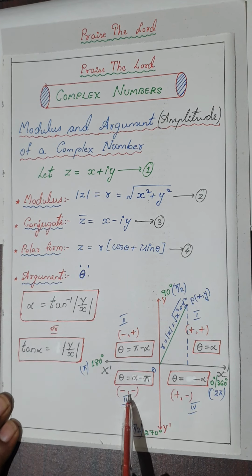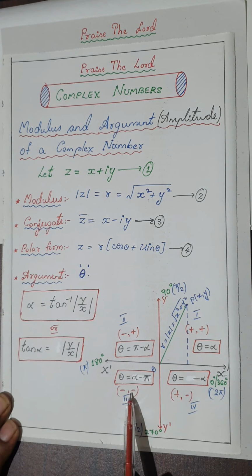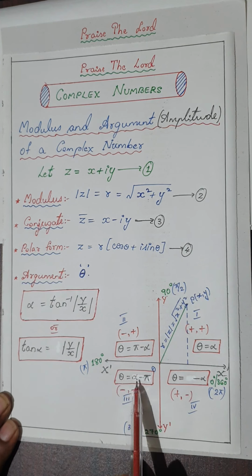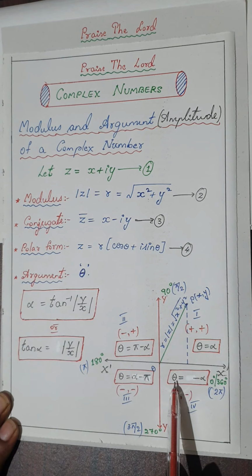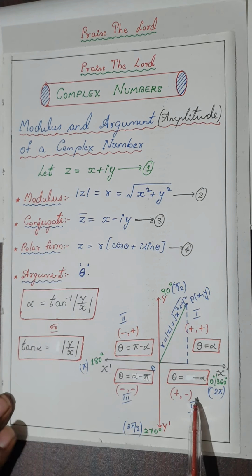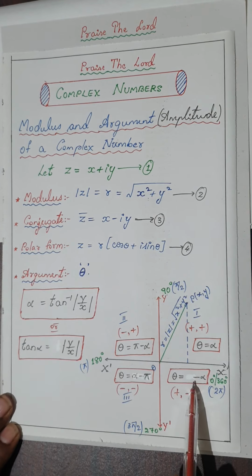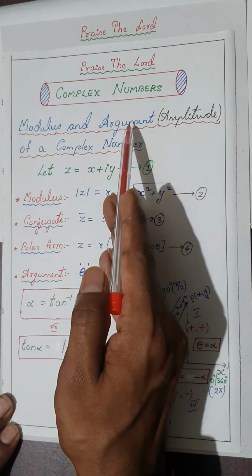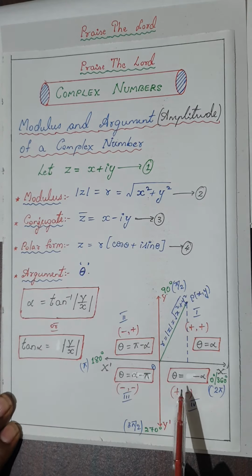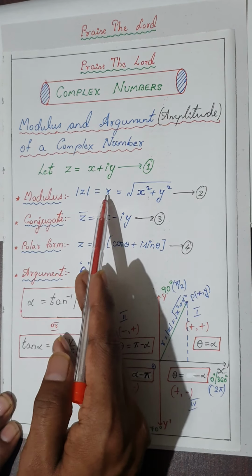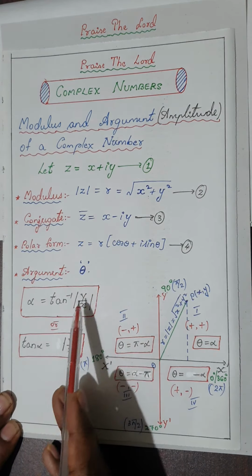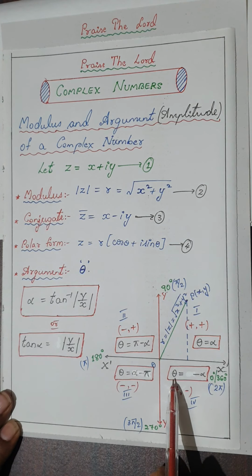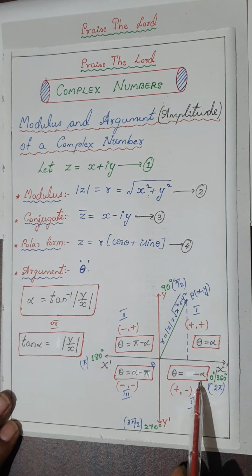If the complex number is in the third quadrant, you will have theta as alpha minus pi. And finally, if it is in the fourth quadrant, theta, meaning the argument or also called the amplitude, will be minus alpha. Okay, the modulus value is r, the argument value is theta.